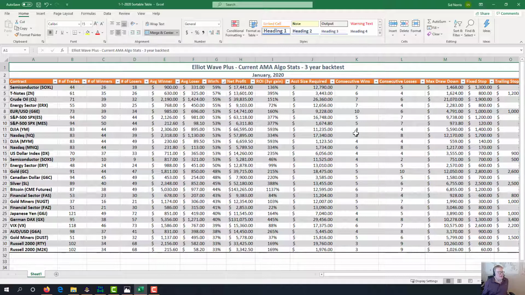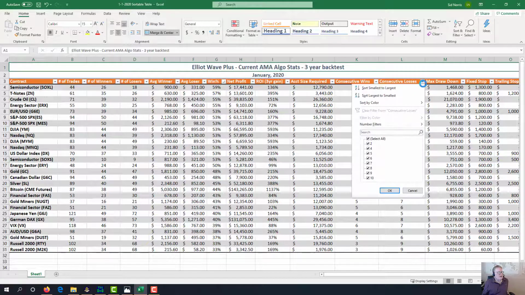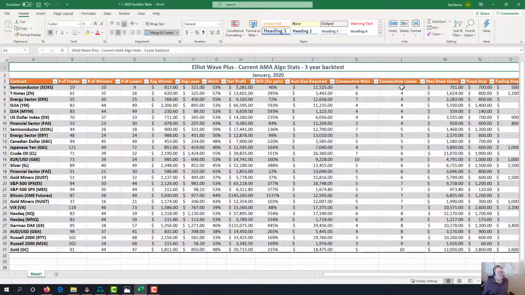The other thing I really like about the Dow Jones, the way it's been performing lately, is the number of consecutive losses that the algo has had to endure over the last 3 years.